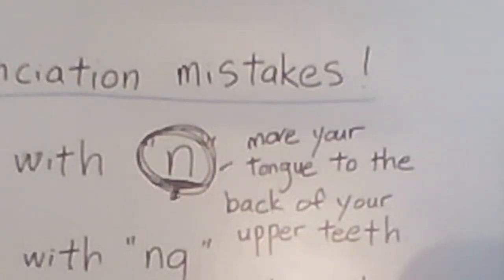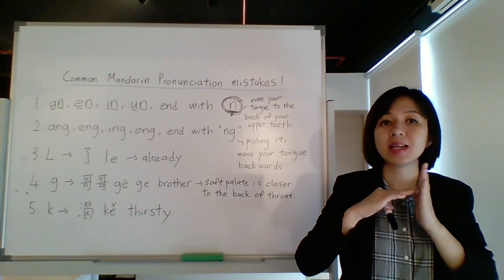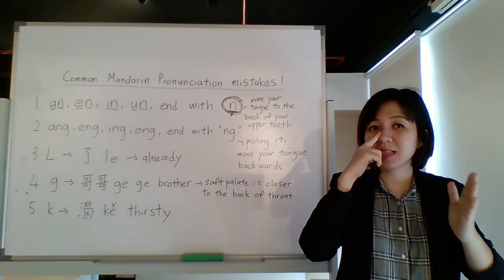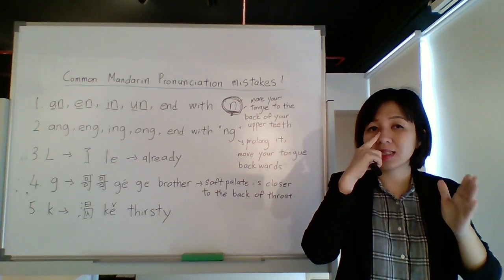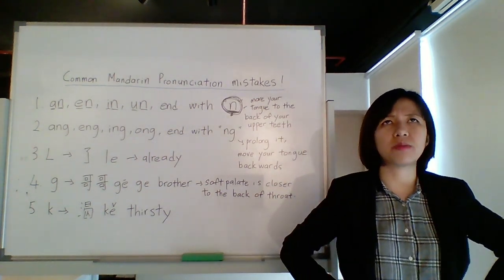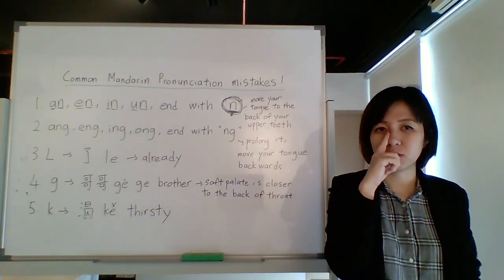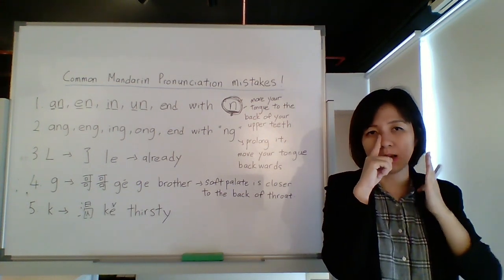Your tongue moves to the back of your upper teeth. When you want to check whether I pronounce correctly or not, you can put your finger to your nose. You can feel the sound come to the front.